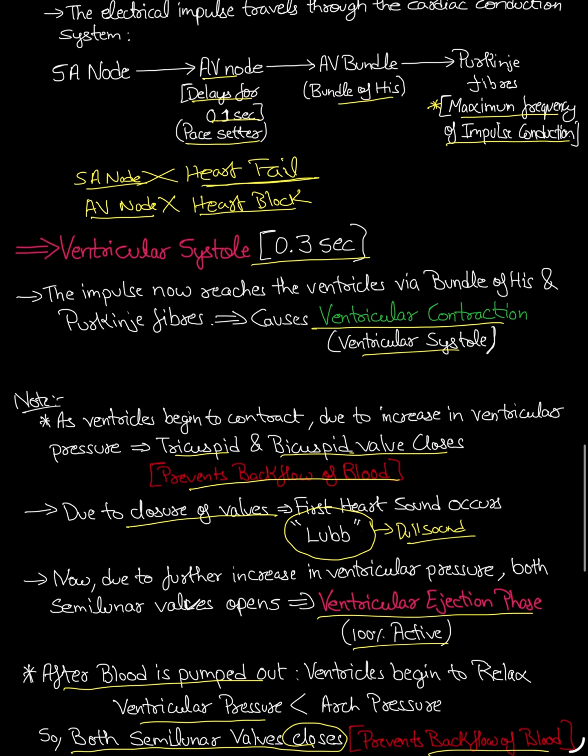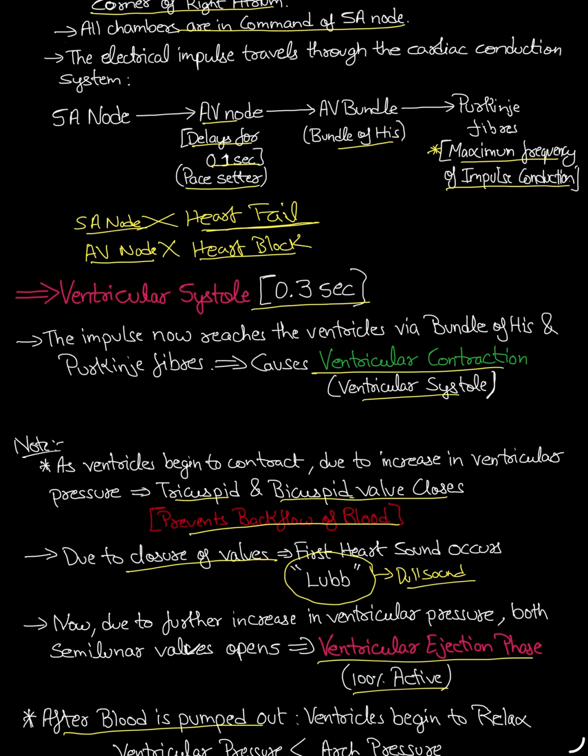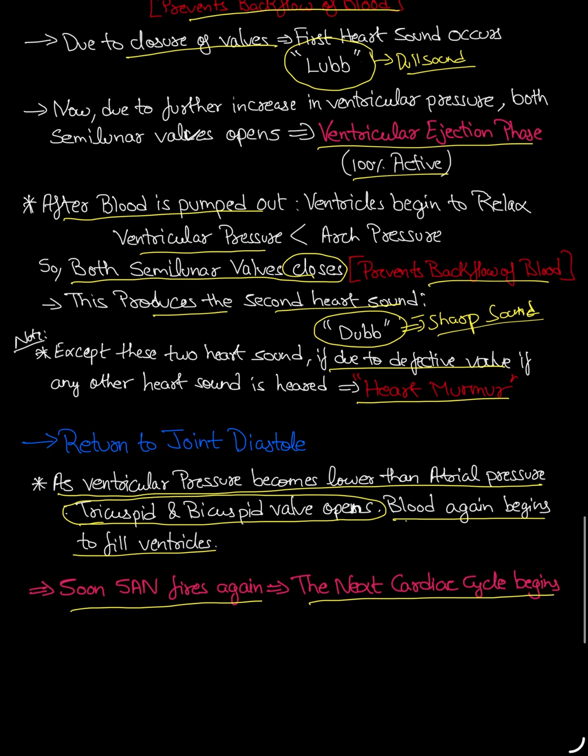During the ventricle systole, always remember that our atria are relaxed. Only during this phase, when the tricuspid and bicuspid valves are closed and the atria relax, blood is filling in the atria. And this blood which is filled in the atria comes out into the ventricles in joint diastole.